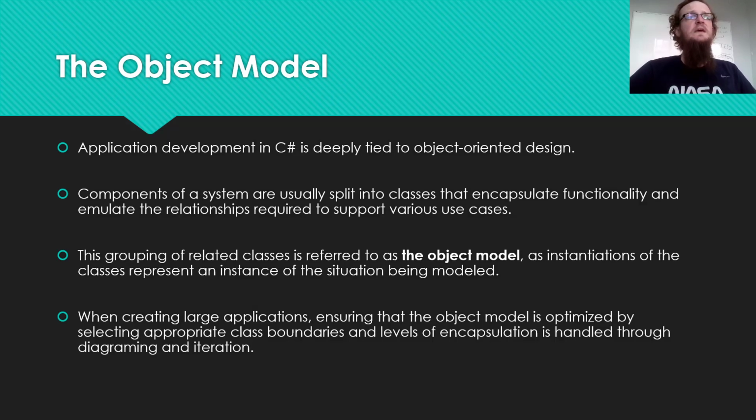So the takeaway from this slide, or the takeaway from this part of the discussion, is that the object model is fundamental to any development that you're doing inside of C#. And if you put the object model out of your mind and you continue to develop kind of the same way that you would maybe in C or a more procedurally driven language, you can make things much harder on yourself than they would otherwise be.